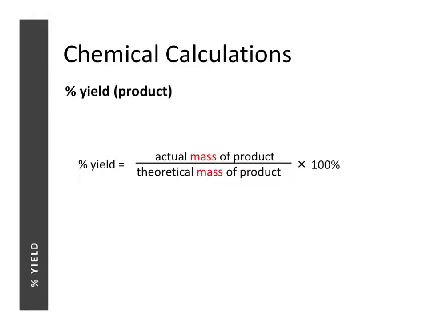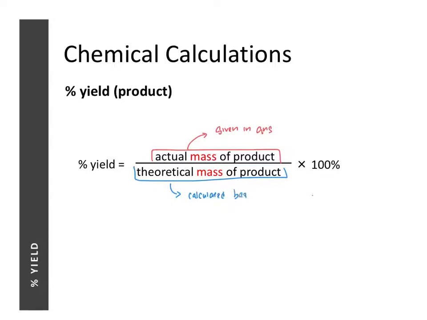Now in 90% of the questions involving percentage yield, the numerator, meaning the actual mass of product, is given in the question. This value will be given in the question, and then the theoretical mass, that means the mass of product that we should be getting, must be calculated based on what?